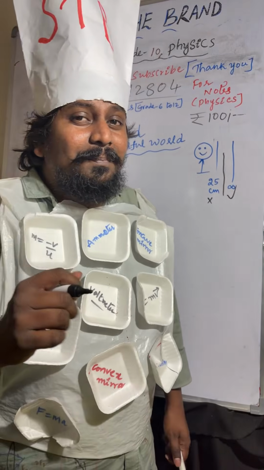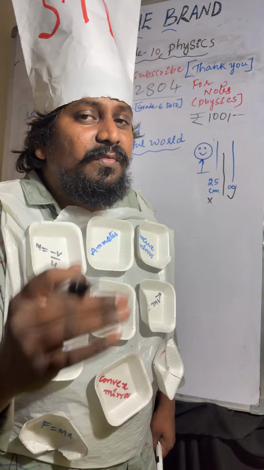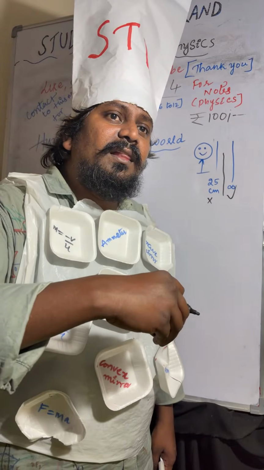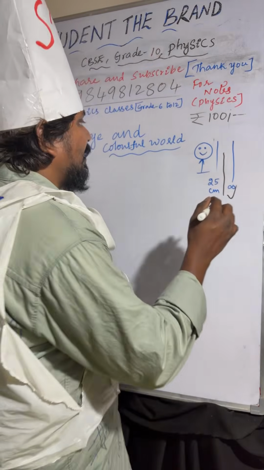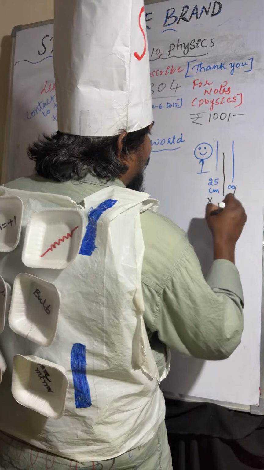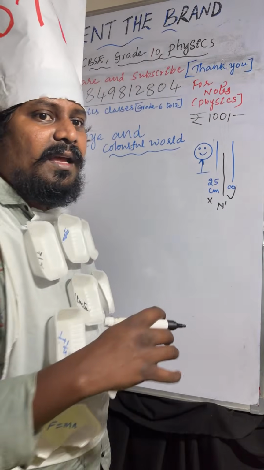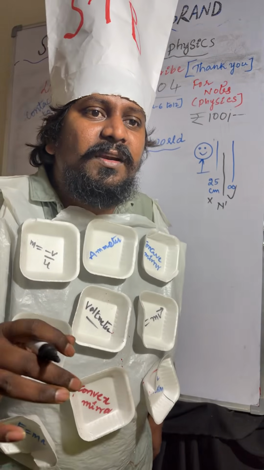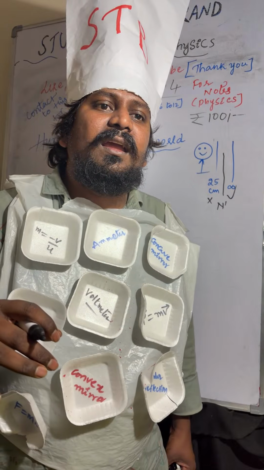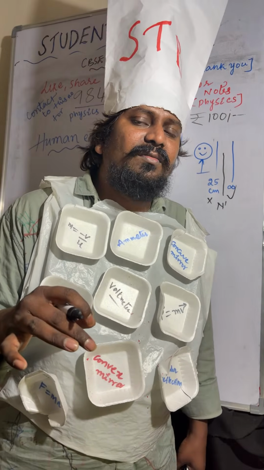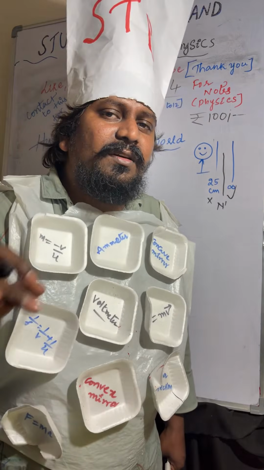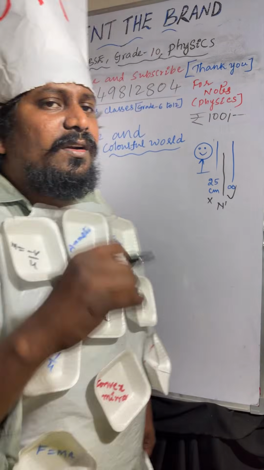But somewhere in the middle, between 25 and infinity, he can see the point. That is the near point of the hypermetropic eye. How to draw the diagram?